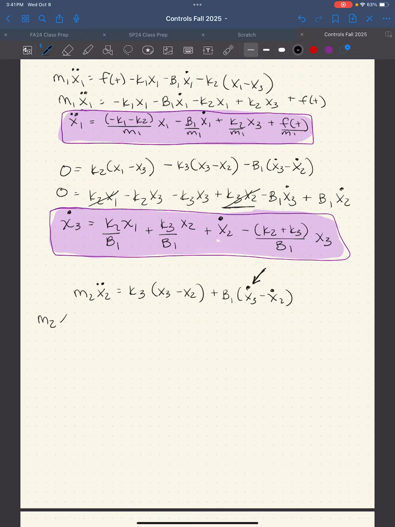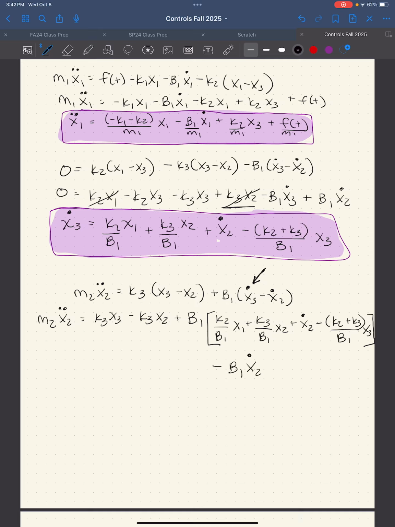So that'll be m2 x2 double dot equals k3 x3 minus k3 x2 plus b1 times (k2 over b1 x1 plus k3 over b1 x2 plus x2 dot minus (k2 plus k3) over b1 x3) minus b1 x2 dot.